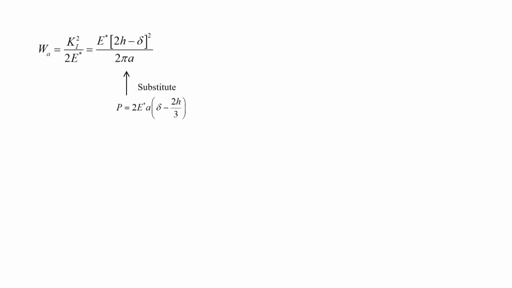Now in here we would like to write it in terms of the load that needs to be applied, the pull-off load. So, what we will do is, instead of delta, we will replace delta here. So, P by 2 E star into a will be equal to (delta minus 2h) by 3. So, delta is equal to P by 2 E star a plus 2h by 3.